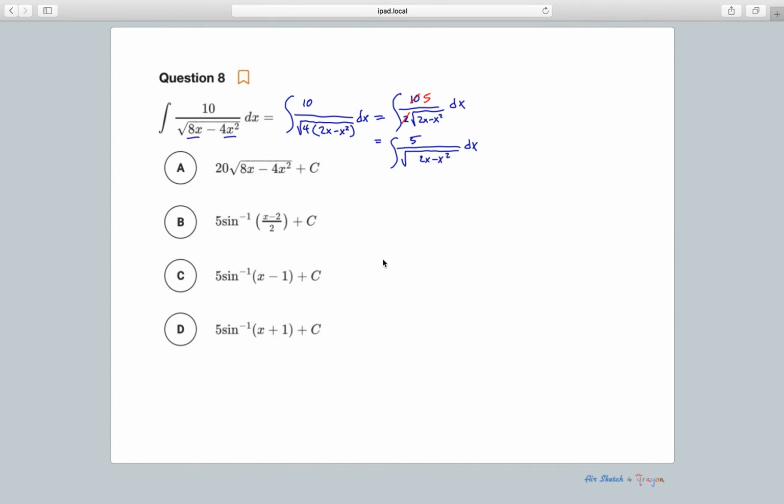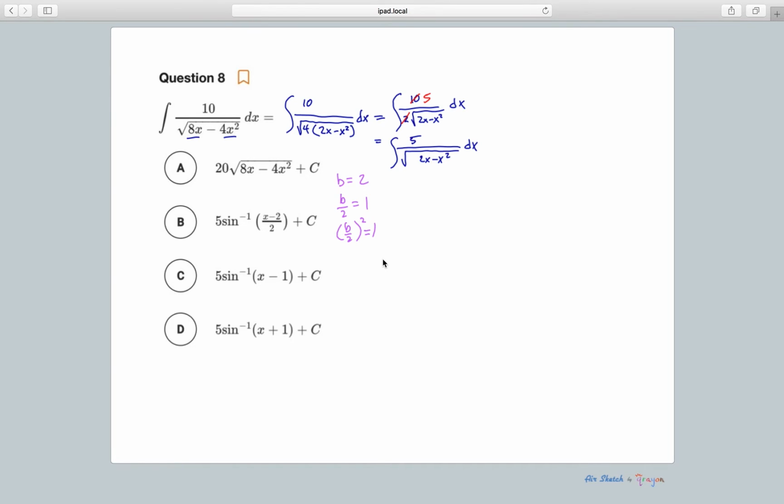The first idea is identify what b is. B is the linear coefficient in your quadratic, so in my case b is 2. And you want to divide that by 2. So 2 divided by 2 is 1. Then you want to square it. 1 squared is 1. That's going to be the value that completes the square.